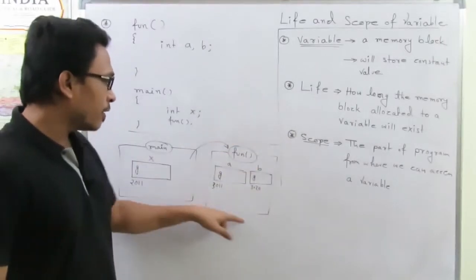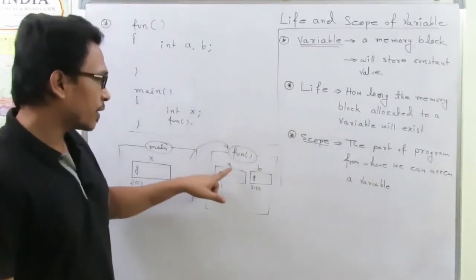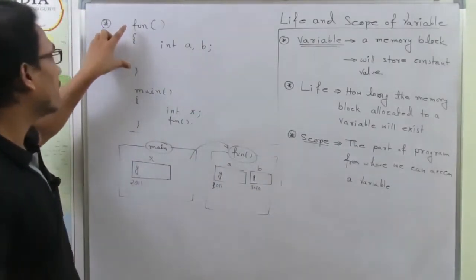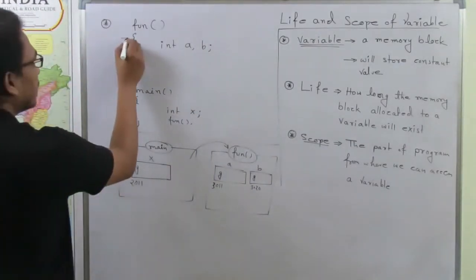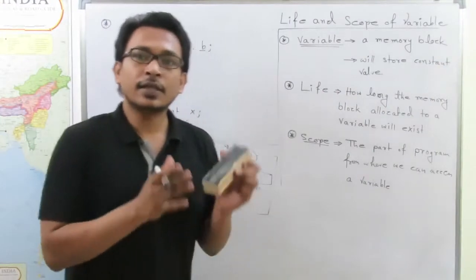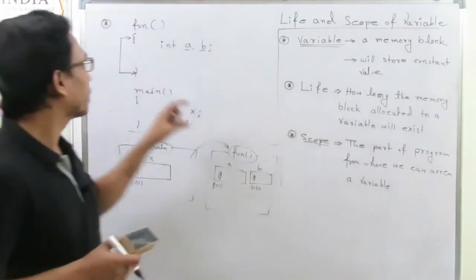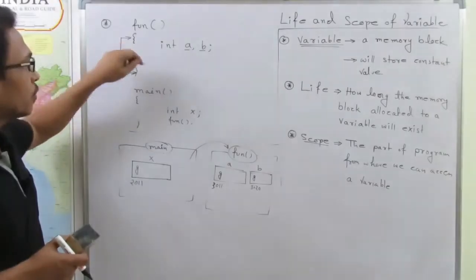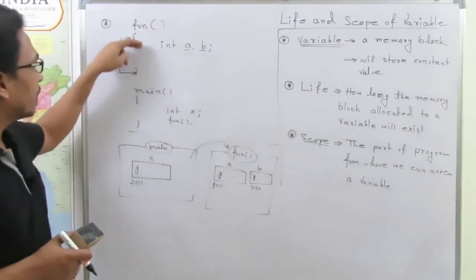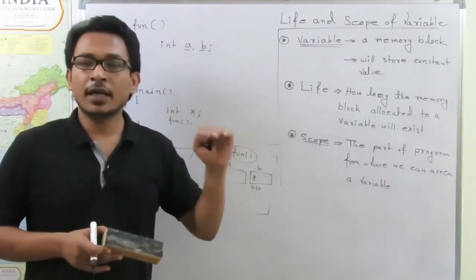So this particular portion is the scope for the two variables a and b. If we talk about the code segment, this is the block where a and b are declared. That means the scope of a and b is this particular block. We can access or use the variables a and b only from this block. Outside this block we can't access a and b.